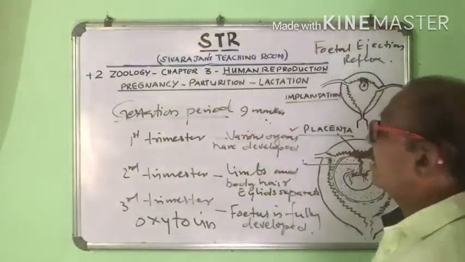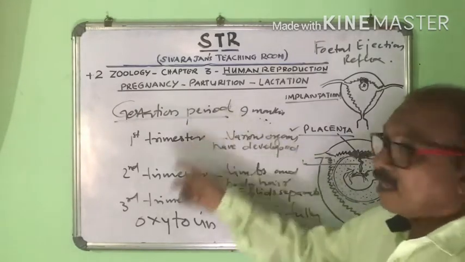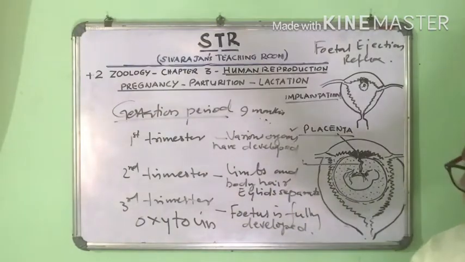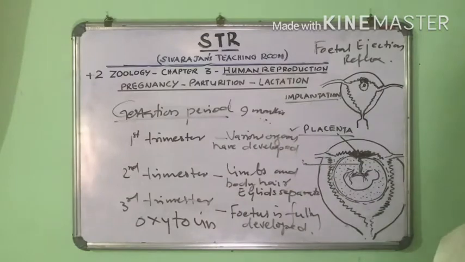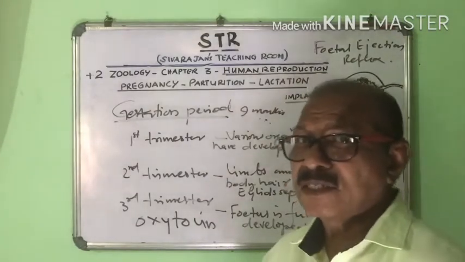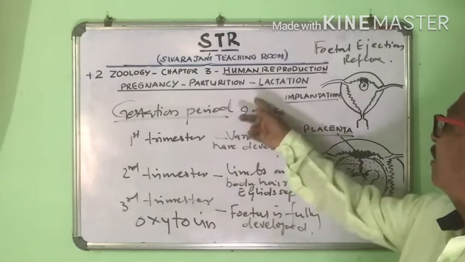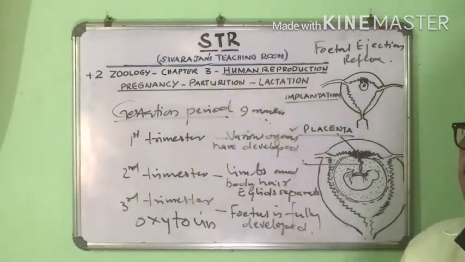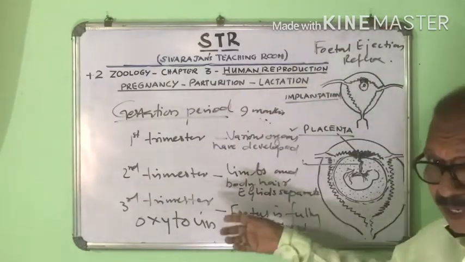Then lactation. What is lactation? Lactation is the production of milk. During the later periods of pregnancy, considerable changes take place in the breast, that is in the mammary glands, and by the time parturition takes place, the mammary glands are ready with the milk.